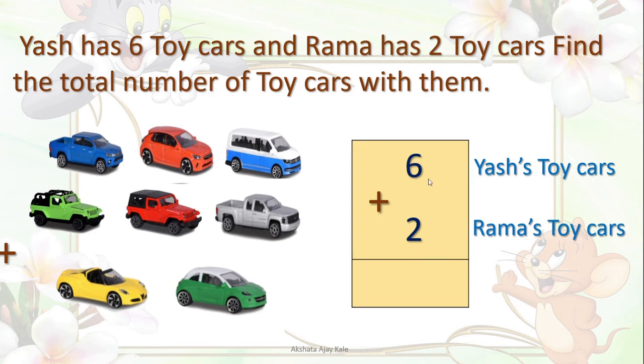Correct? Now you know the addition of 6 and 2. That is nothing but 8. Total toy cars. Got this, children? Very, very easy, isn't it? Whatever number is given, that we have to add. Then we will get the total.